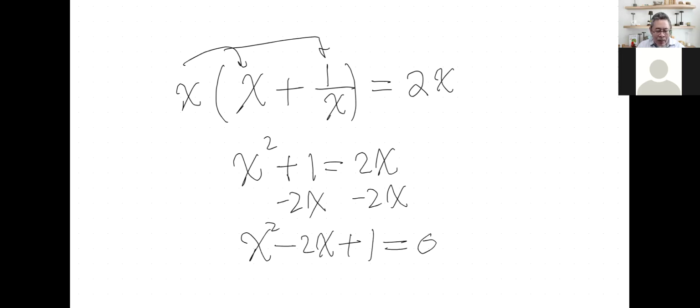Yep. So now we know 1 can be made from negative 1 times negative 1, and negative 1 plus negative 1 is negative 2. So we know that we can make that into x minus 1 times x minus 1 equal to 0, right?